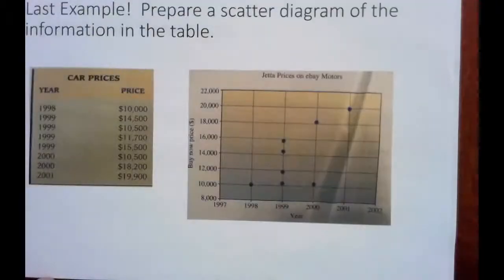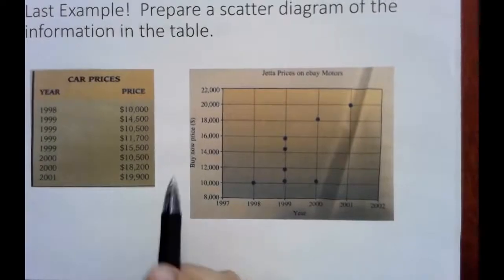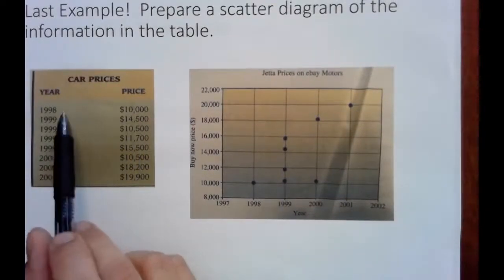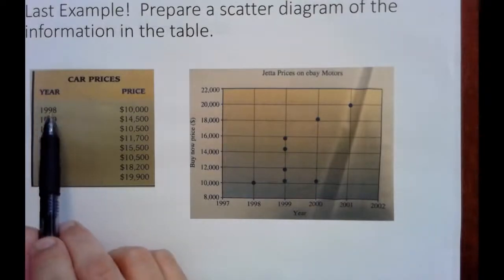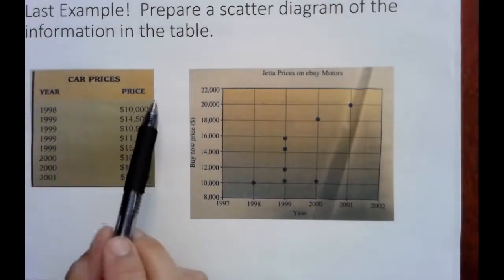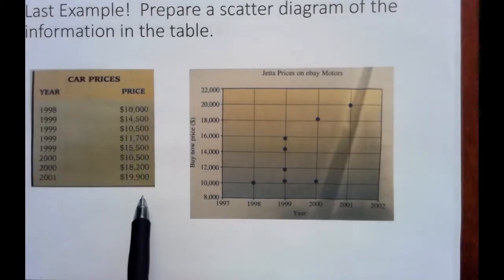Okie dokie, last example. We're going to go through preparing a scatter diagram, or scatter plot. Here we have car prices. This is very old information. From the year 1998 to the year 2001, and then you see the prices. They go from 10,000 to 20,000.